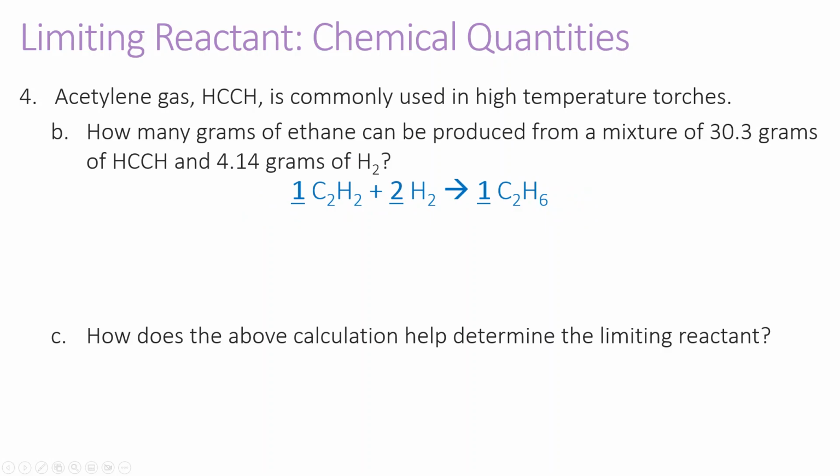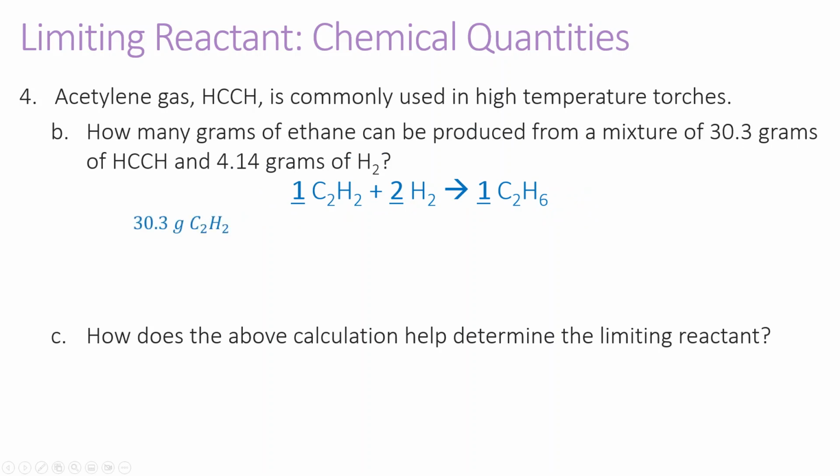So we want to know how many grams of ethane can I make if I start with 30.3 grams of acetylene and 4.14 grams of H2. Now, don't assume because we have less grams of H2 that that is going to be my limiting reactant. We really have to compare the amount of moles of each of these compounds.